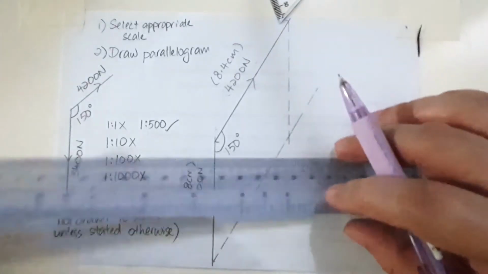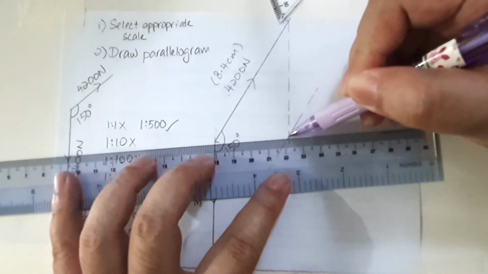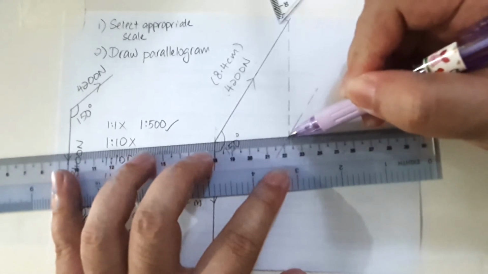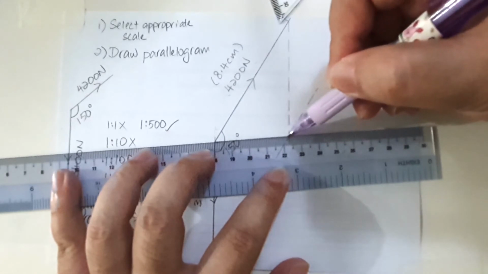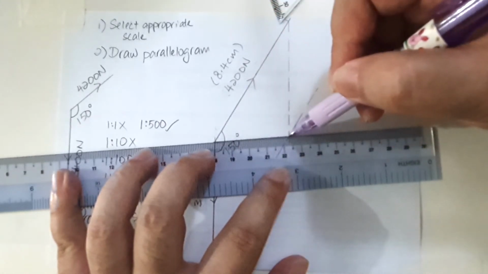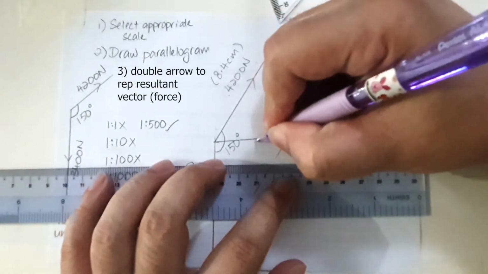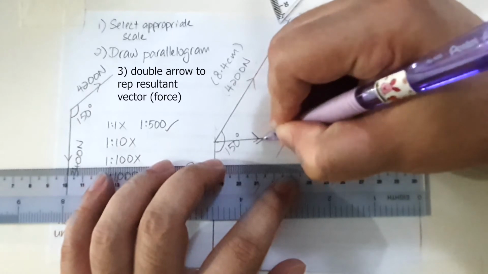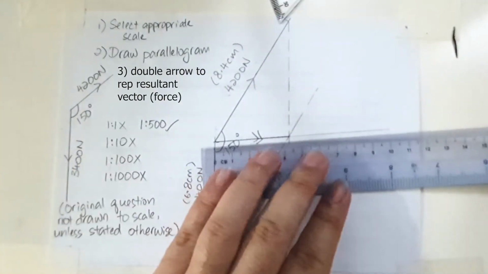Okay, and the resultant vector should lie in between 3,400 newtons and 4,200 newtons. And notice I draw a faint line outside the vector, right? Because I'm worried that my protractor will be bigger than this line. So that will help me locate the angle and represent the resultant vector with a double arrow.